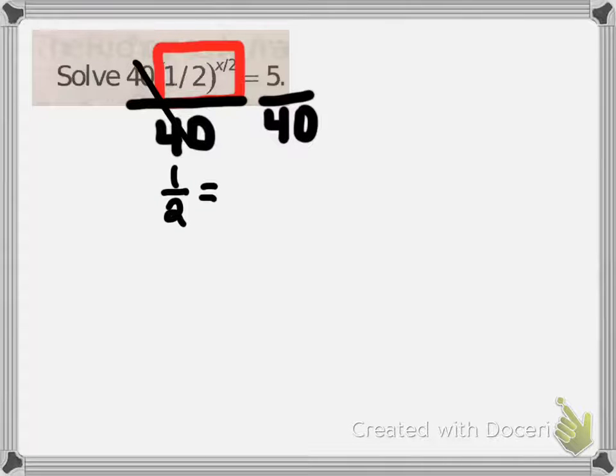You can simplify that if you want to, or you can leave it as 5 over 40, or put it in a decimal. I really don't care as long as you have the exact value and not a rounded value. So I have 1/2 raised to x over 2, and it's going to equal 0.125.